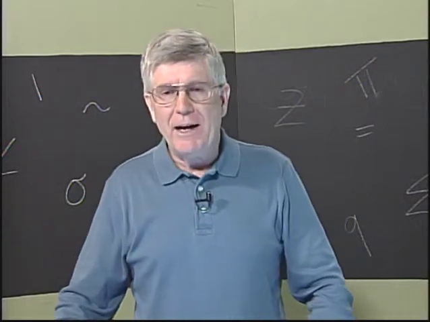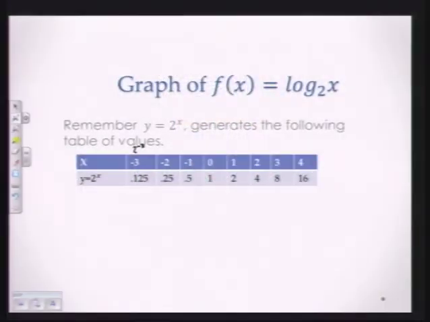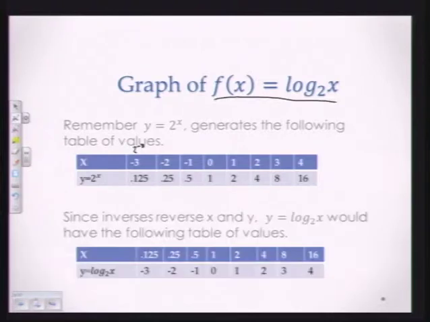So let's look at that with regard to this logarithmic function then. Since we have the values for y equals 2 to the x, its inverse will be our function f of x equals log base 2 of x, which we just said is going to swap the x and y values of those points.